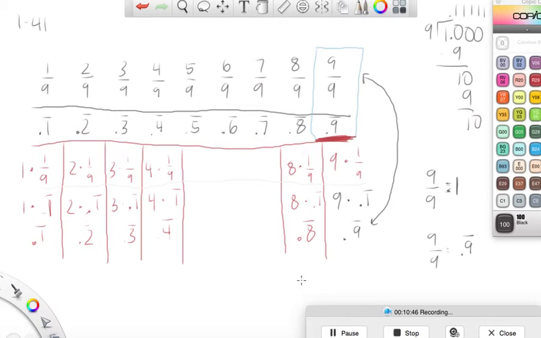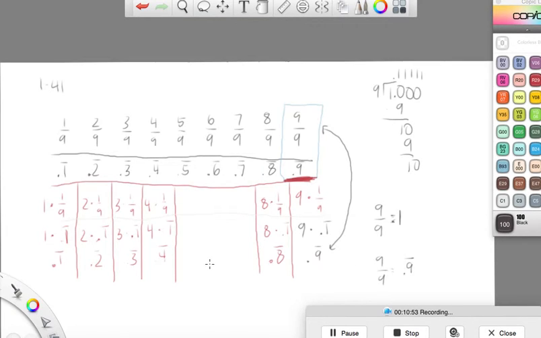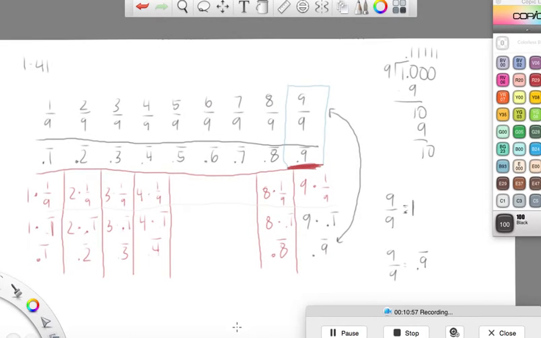What that means, ladies and gentlemen, today, is 0.9 repeating is the same thing as 1.